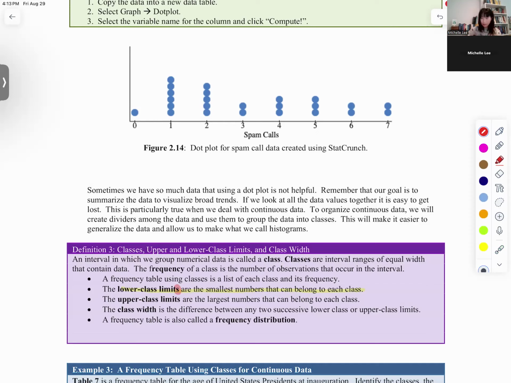And the upper class limits are the largest numbers that can belong to each class. So we have more than one upper class limit, right?